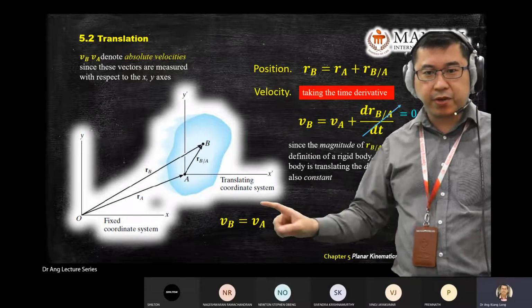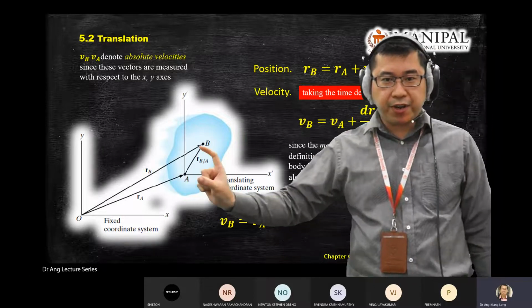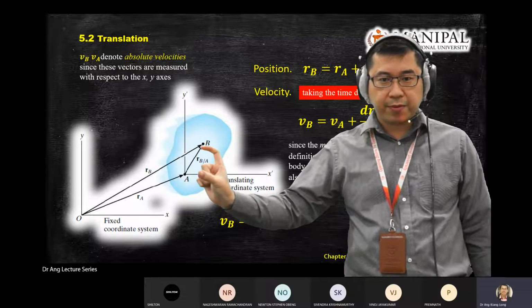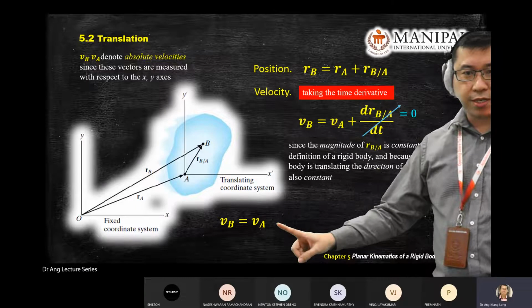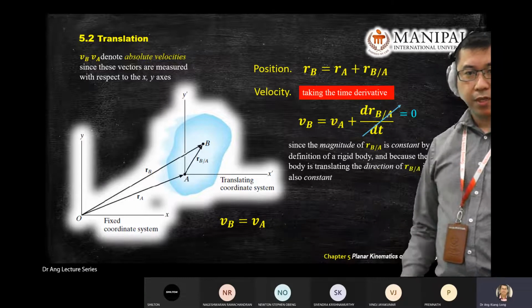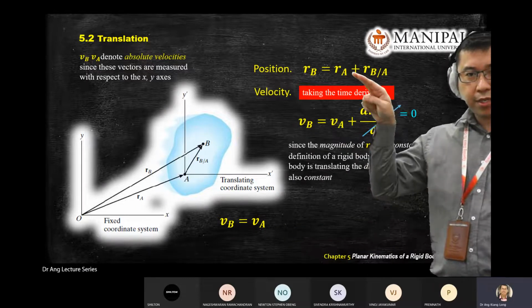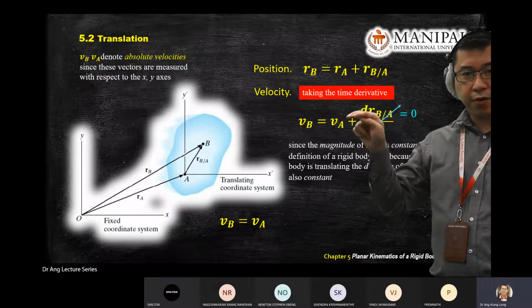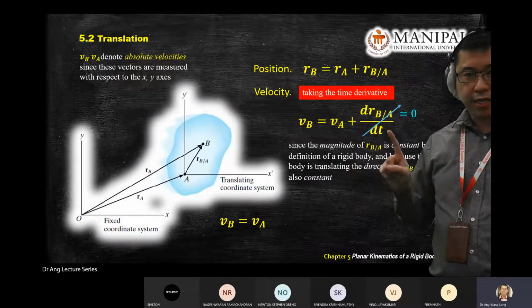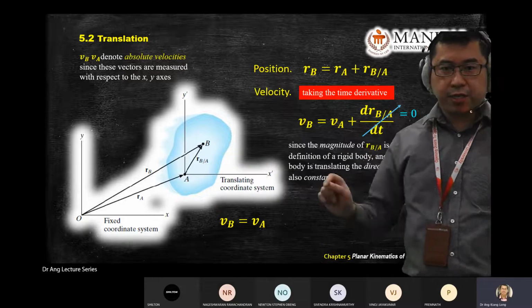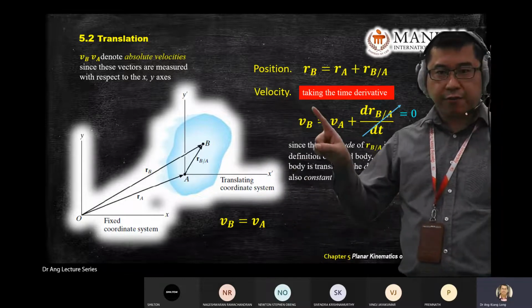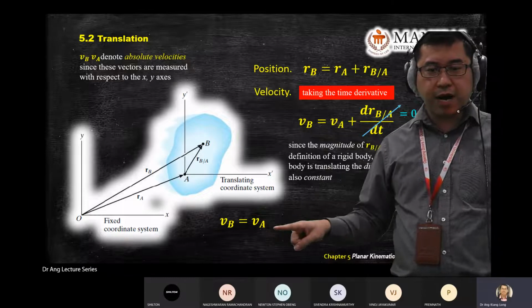Under one scenario, your A and B fixed point, it doesn't move. Only then can you use this equation. So from position, you derive the equation for velocity. In this case, your A and B are fixed constant, and it gives you RB equal to RA.